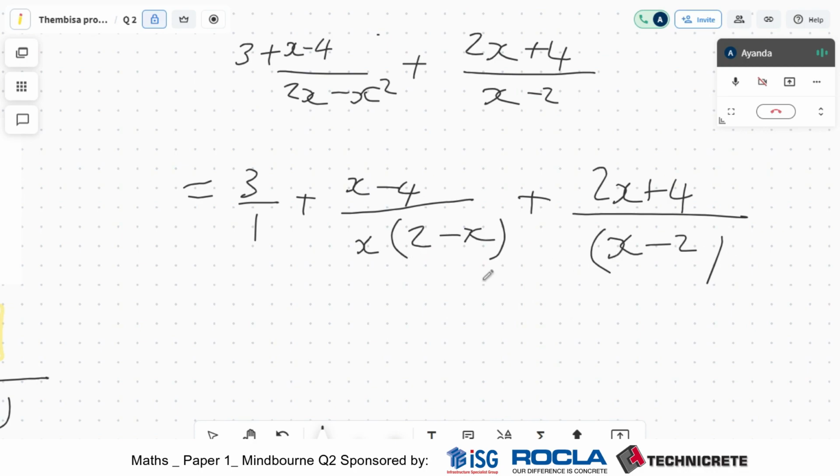Ideally, we want to have factors that are the same. So we want to turn this 2 minus x into an x minus 2. And we can do that by taking out a negative. If we take out a negative, this positive sign is going to change to a negative. So instead, we'll have 3 over 1 minus x minus 4 over x times x minus 2.